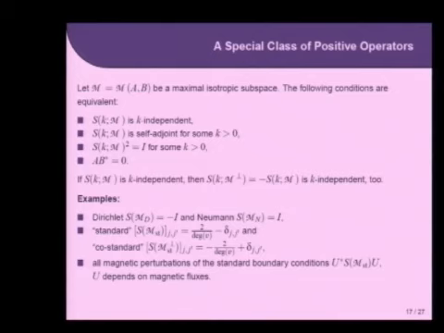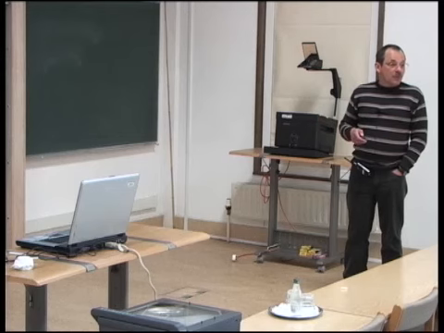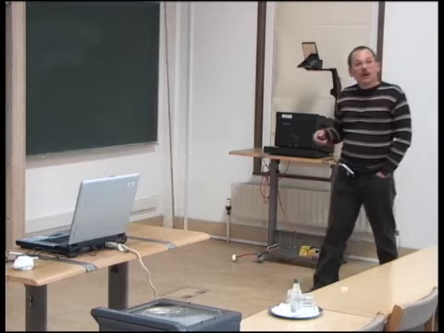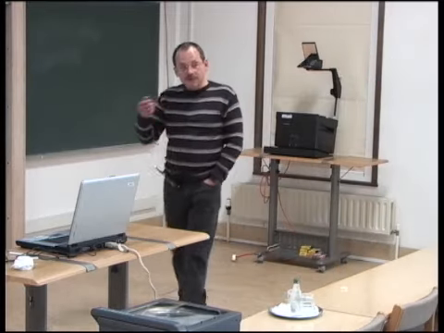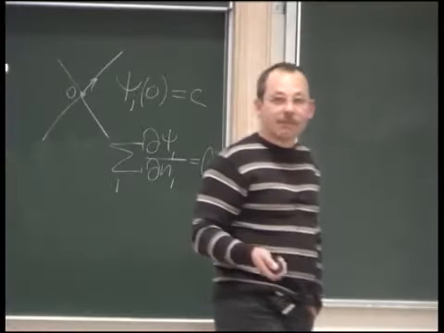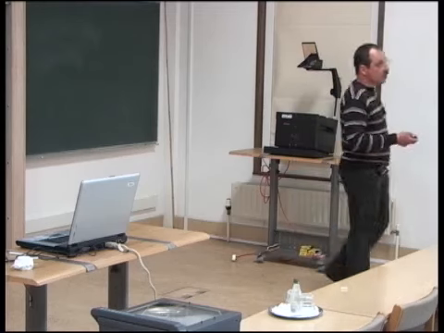If you take some of these boundary conditions, in particular standard boundary conditions, and look for magnetic perturbations of the Laplace operator, in which sense? So we replace the Laplace operator by the first derivative plus a vector magnetic potential on any edge.